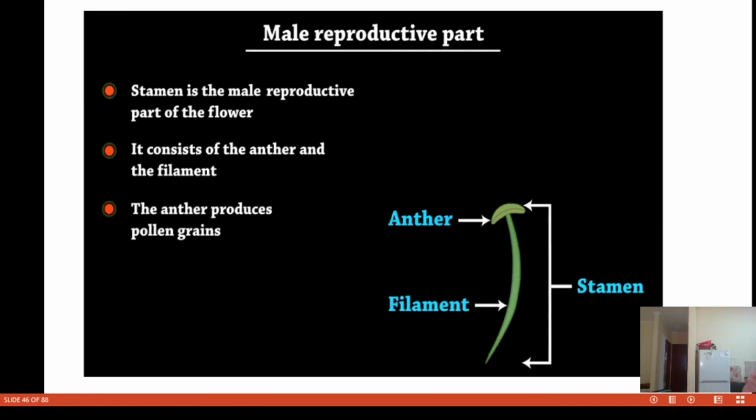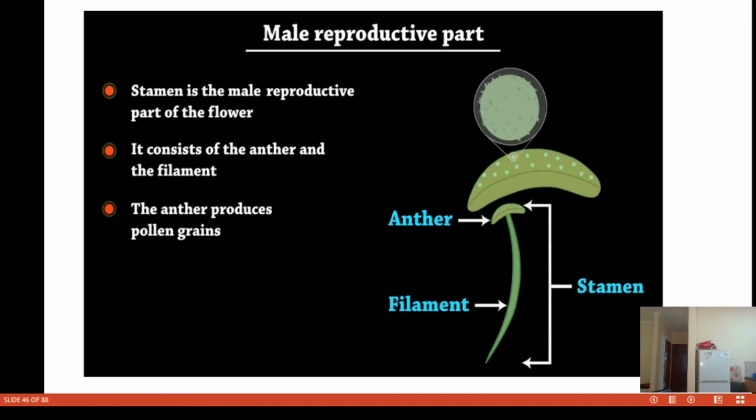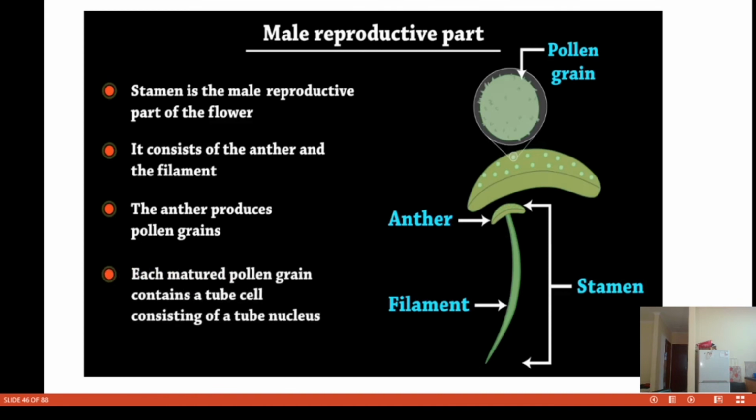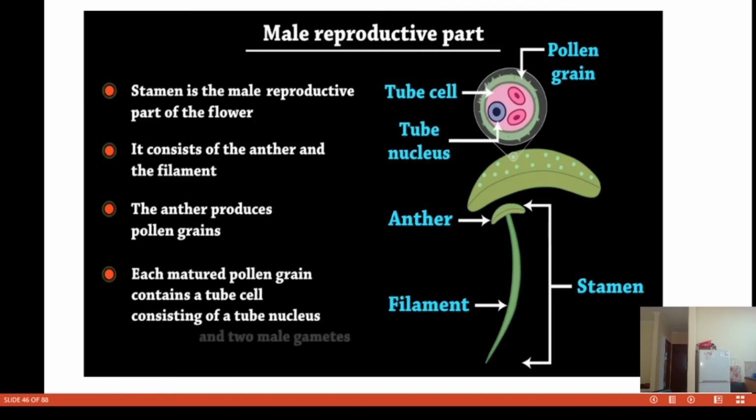The anther produces pollen grains. Each matured pollen grain contains a tube cell consisting of a tube nucleus and 2 male gametes.